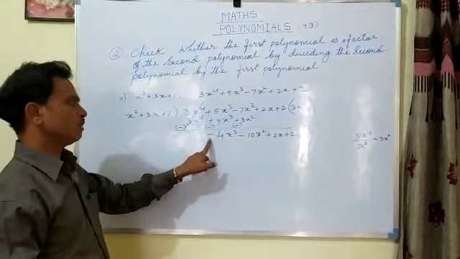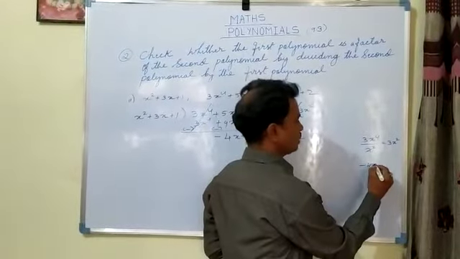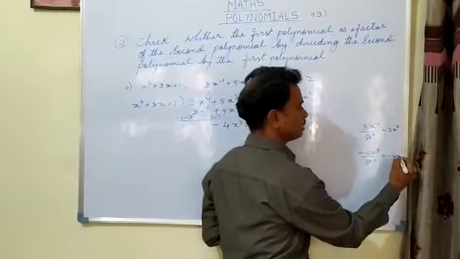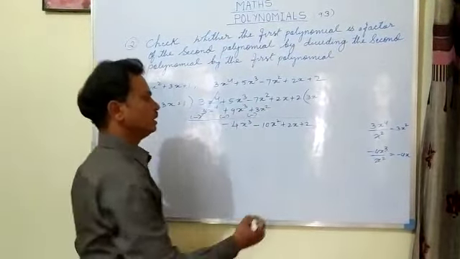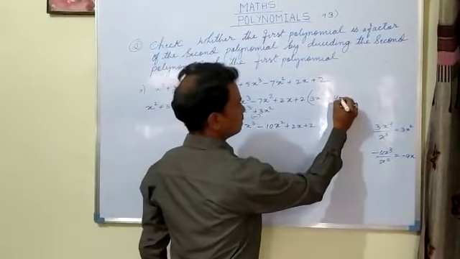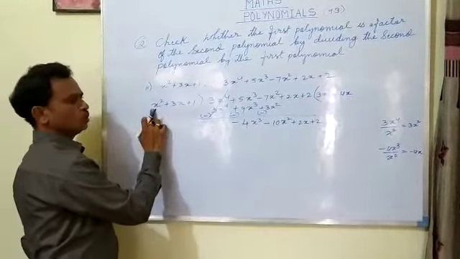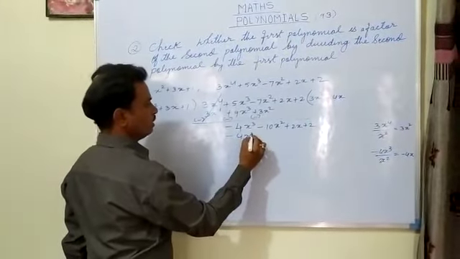So next step, minus 4x cube divided by x square is equal to minus 4x. Okay. So directly here we should take minus 4x. Then multiply minus 4x into plus x square, that means minus 4x cube.